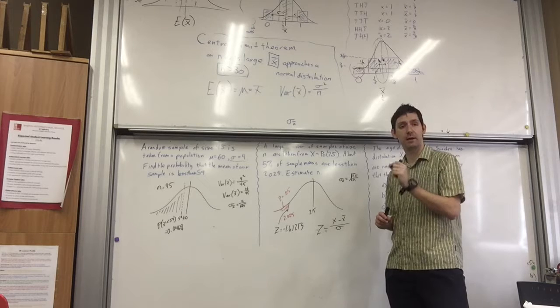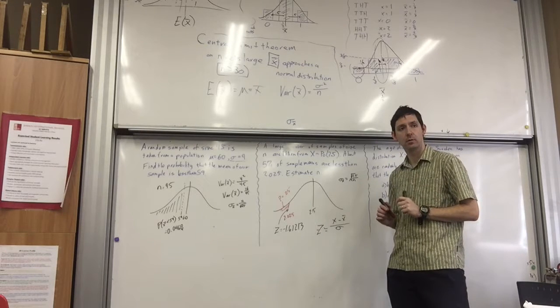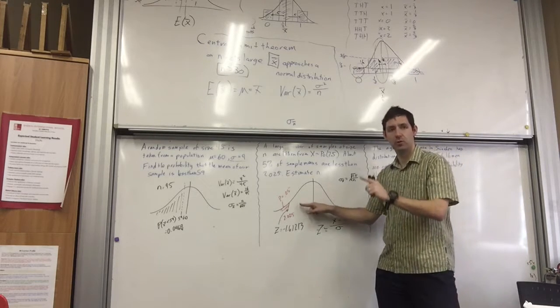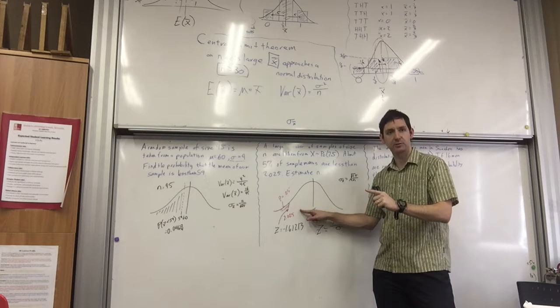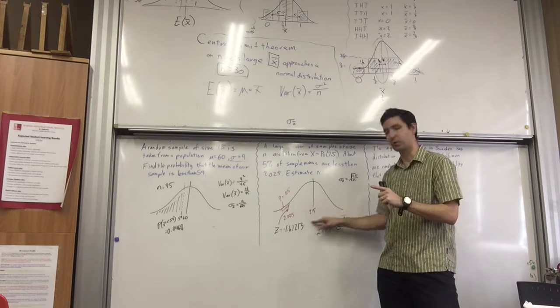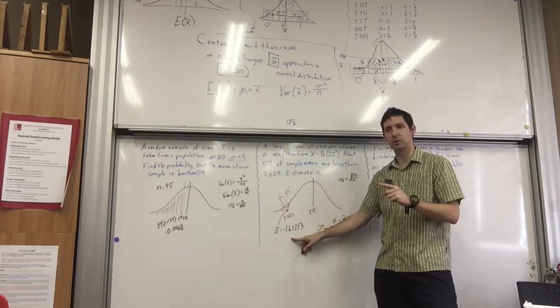Why don't we put that number there? Because it's like the general. It's how many standard deviations away. This is only valuable if we know the standard deviation, right? If we don't know the standard deviation, then this number itself, the 2.5, is not helpful in finding our z-score.